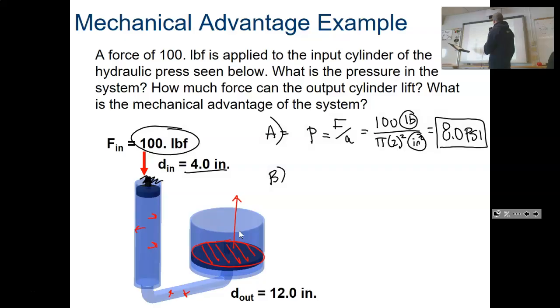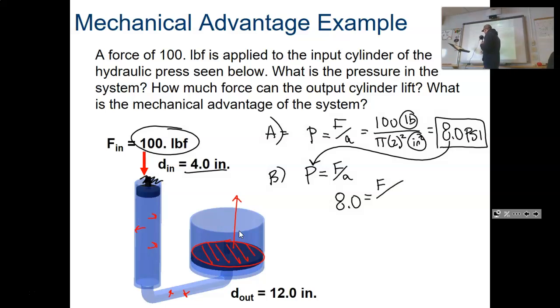Part B, how much force can the output cylinder lift? We're going to use that exact same thing. Pressure is equal to force divided by area. My pressure is 8 pounds per square inch, and we're looking for the force. Now my area is the area of this circle, pi times the radius, which is 6, squared.